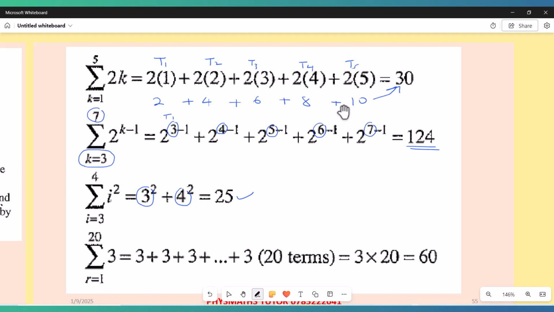We are going to add this constant how many times? From 1 up to 20. That means 20 times. In other words, you can say 3 times 20. For that, we're going to say 3 plus 3 plus 3, 20 times.